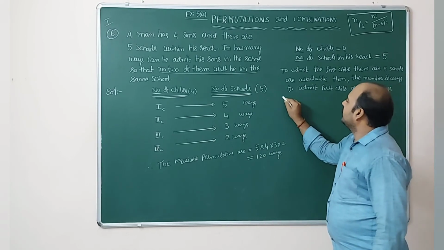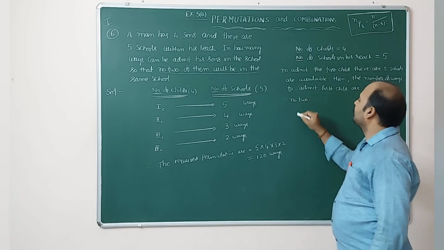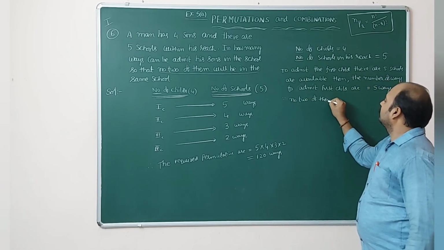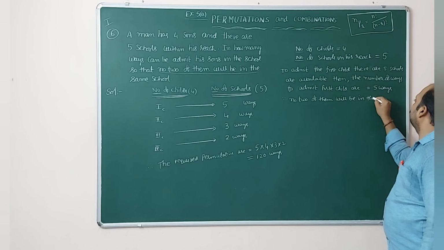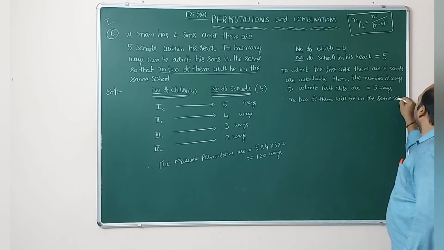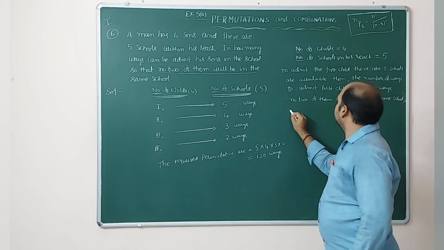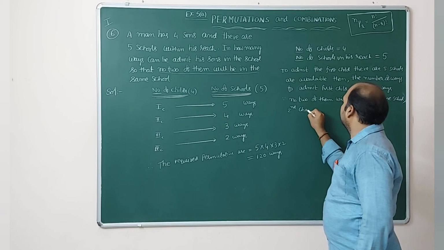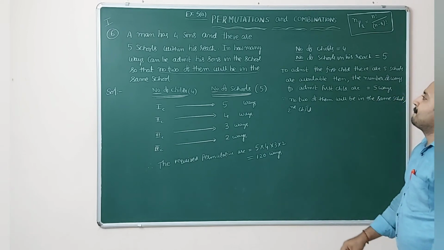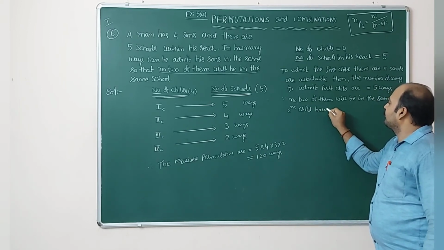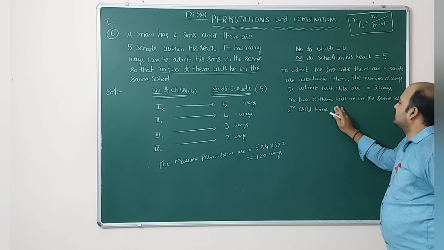Since no 2 of them will be in the same school, the second child has 4 ways.